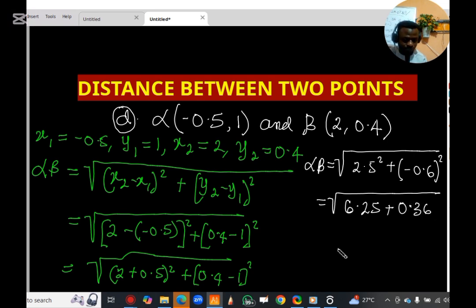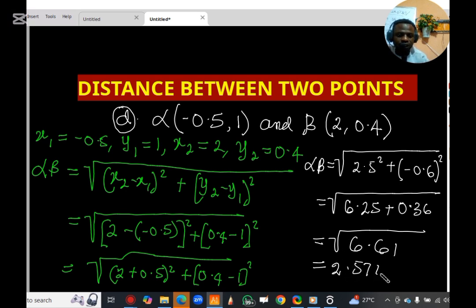Let's add up. So we have it to be equal to the square root of 6.61. Square root of 6.61, so the final answer becomes 2.57 units to 2 decimal places. All right, thank you.